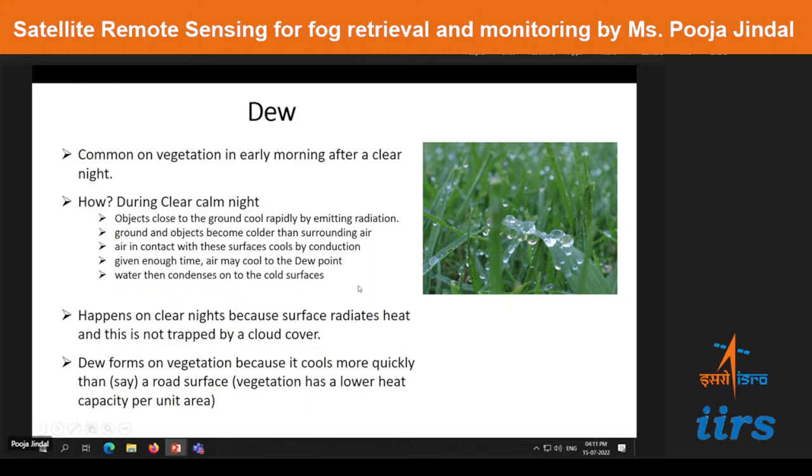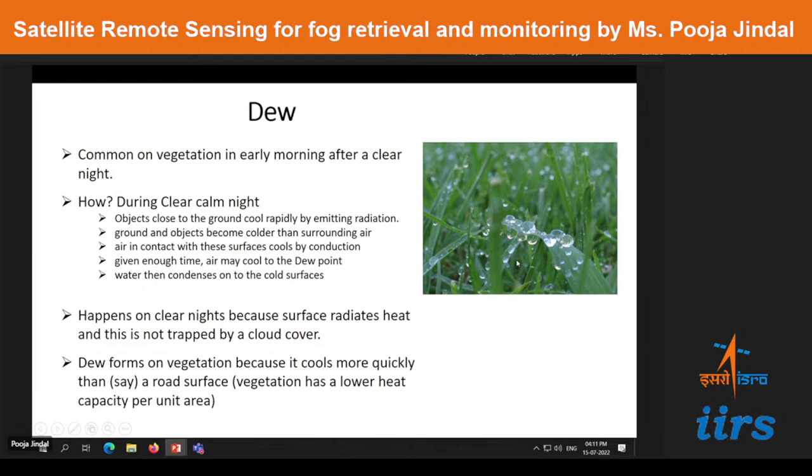So now, how is the dew formed? During clear, calm nights, meaning cloud-free nights, when we don't have clouds in the sky, there is a lot of emission from the Earth's surface which is not trapped by the cloud above, right?